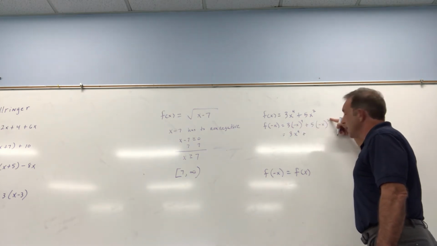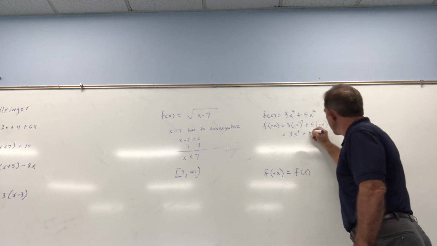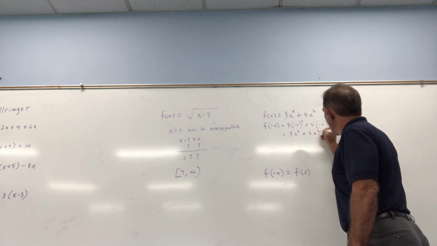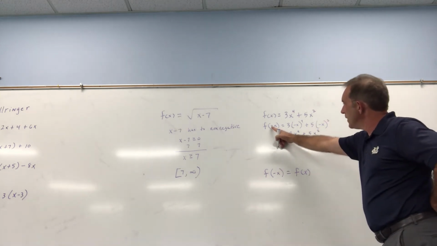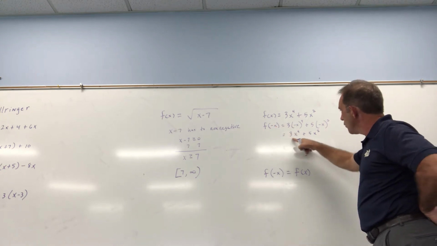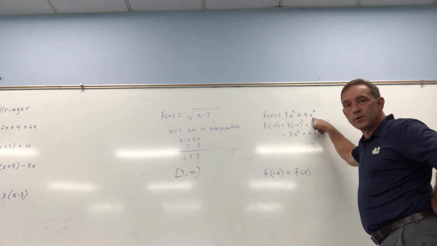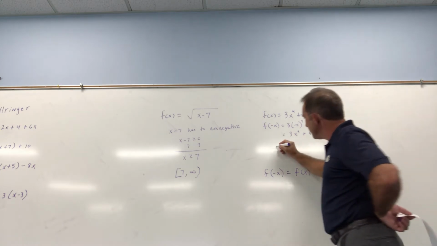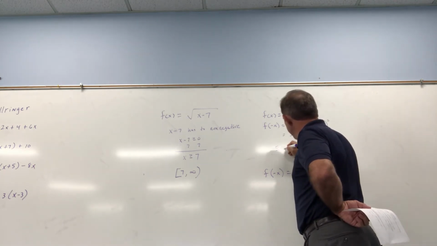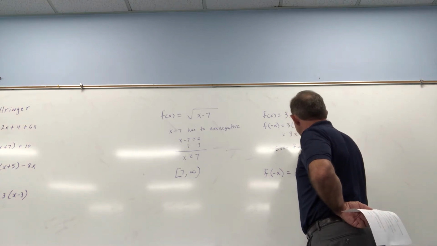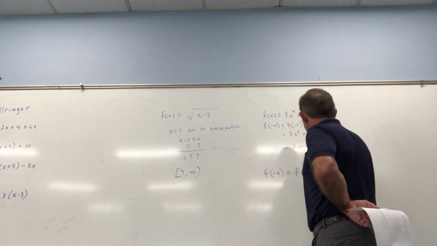Likewise, a negative to the 2nd power becomes positive. So you're going to get just 5x squared again. So when we inputted the opposite of x here, we still got the same result as the original function. So this is an even function.